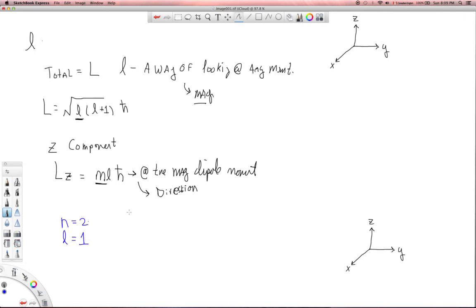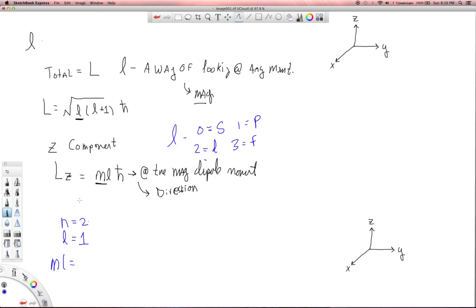We're talking about 1, and if you remember, another way of identifying 0 is by calling it an s orbital, and 1 is a p orbital, and 2 is a d orbital, and 3 is an f orbital, f, g, etc. So given n equals 2, l equals 1, how many values of m sub l can I have?